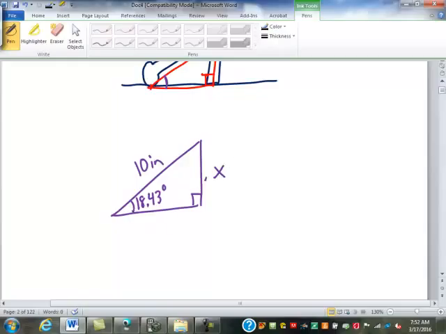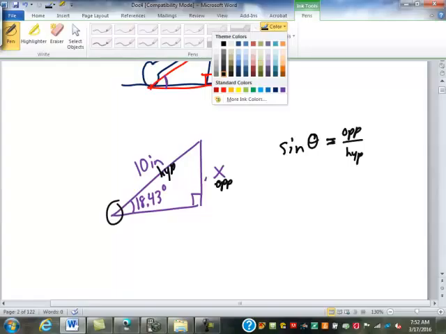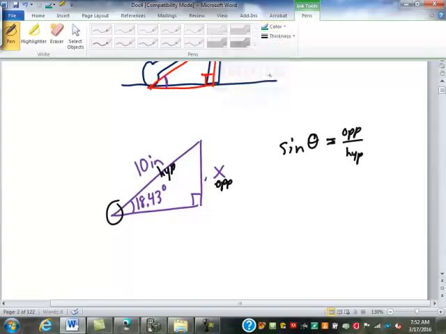Yes, I have this angle here. This is the hypotenuse. This is the opposite side. It is the sine that uses the opposite over the hypotenuse. Of course, the cosecant would also use hypotenuse and opposite, but that's not on our calculator. So we're trying to stick to sine, cosine, and tangent for use of the calculator.